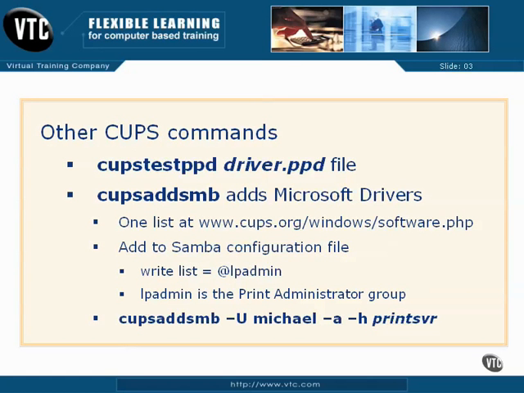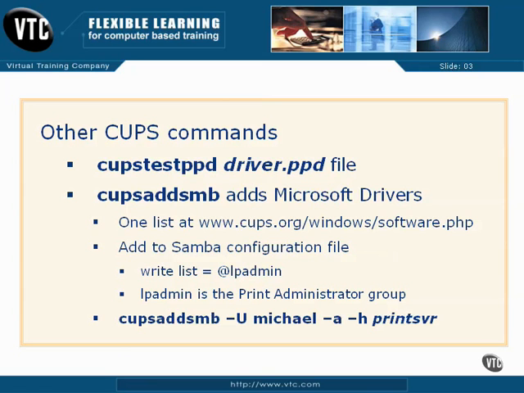Finally, the cupsaddsmb command makes Microsoft drivers out of available PPD files. One list of such drivers is available from the noted URL, and when you add Microsoft drivers, you need to enable access to them.